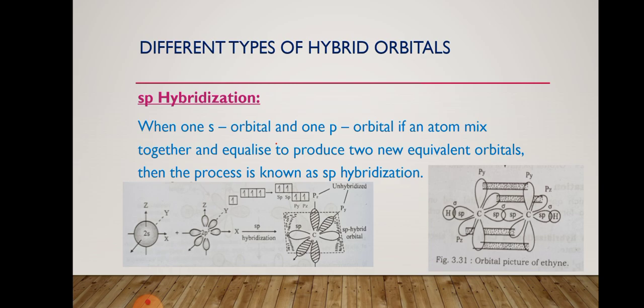Next, I would like to discuss sp hybridization. When one s orbital and one p orbital of an atom mix together and equalize to produce two new equivalent orbitals, that means their energy will be equal, then the process is known as sp hybridization.